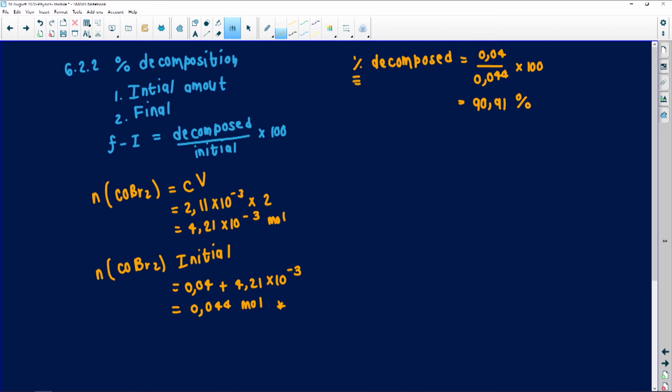Another trick: most of the time the examiners, because it depends where you round off, I know some educators say please don't round off your answer until your final answer, and then some teachers say it's fine, you can round off to 2 decimal places as you move along. So if this is your final answer, the examiner might give you a range, maybe marking from 90.45 all the way to 90.95.